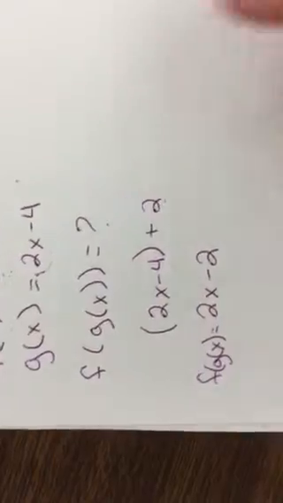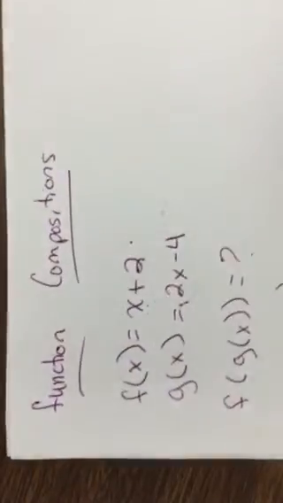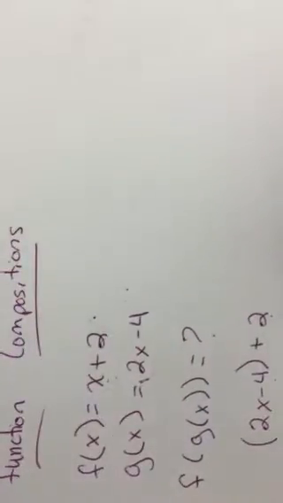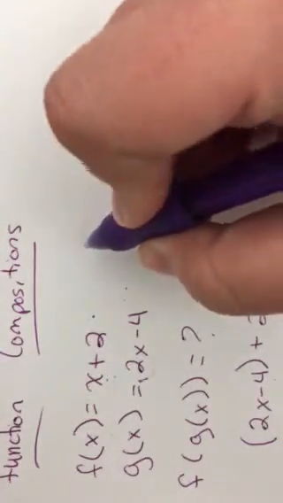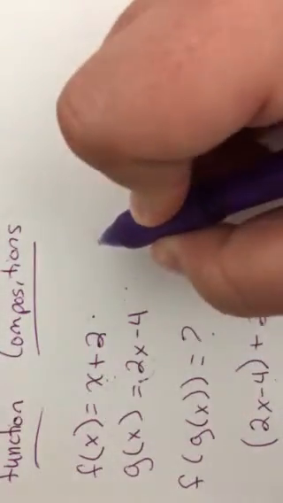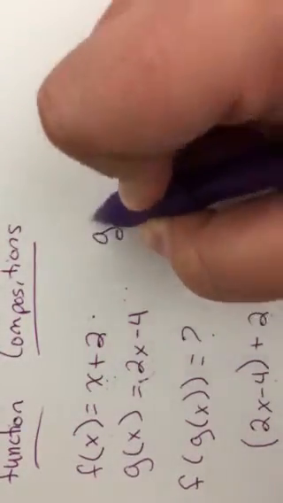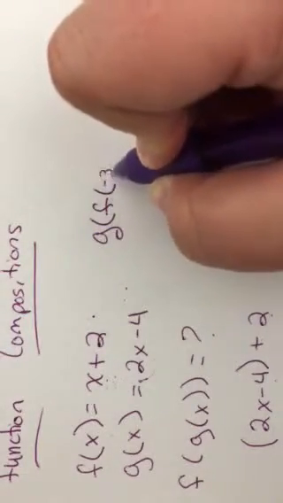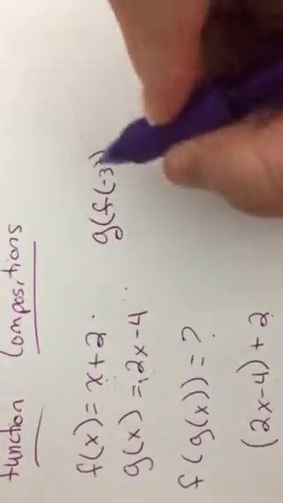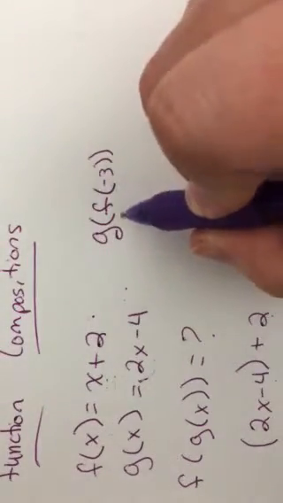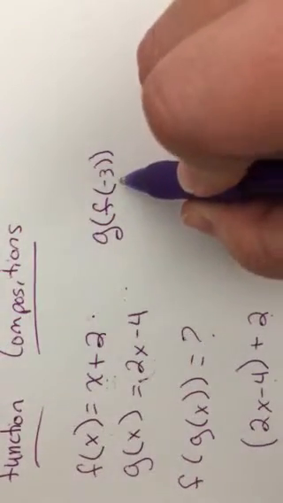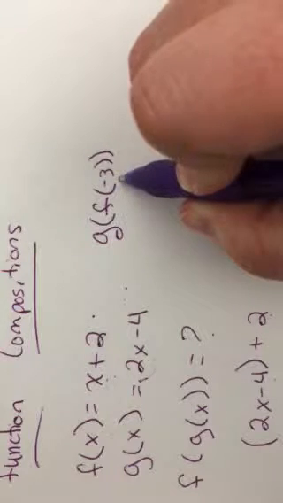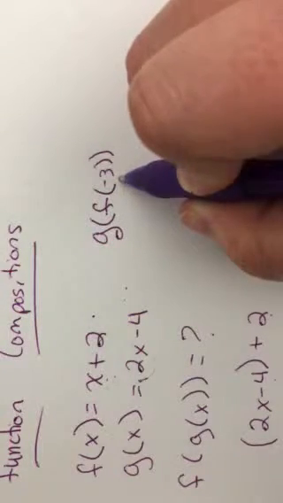So if we try, let's keep this f of x and g of x. Okay, and what I'd like to do this time is actually find g of f of negative 3. So we're going to use a few more specifics here. Instead of just an x, we're going to use negative 3 as our actual value for x.